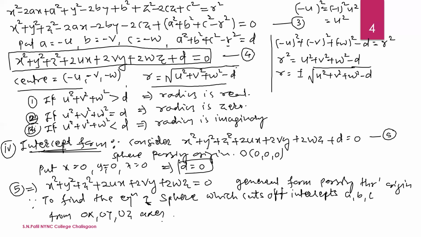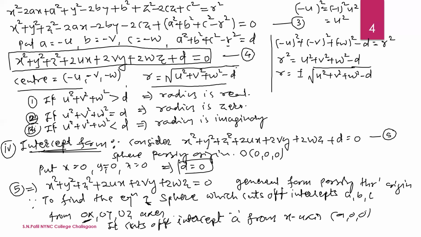Now here, if it cuts off intercept a from the X axis, the point is (a, 0, 0).